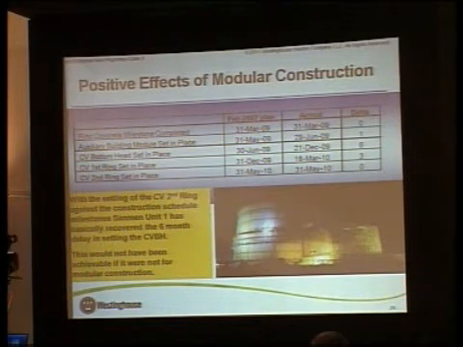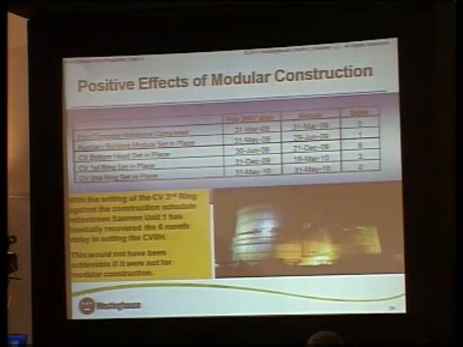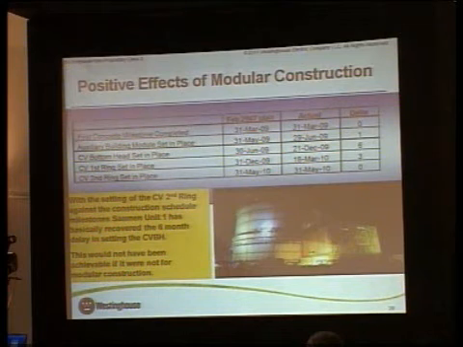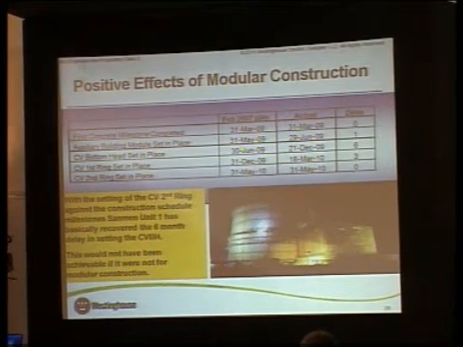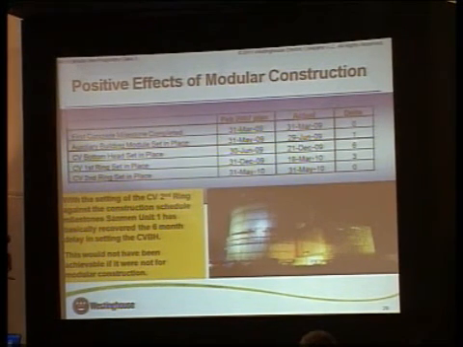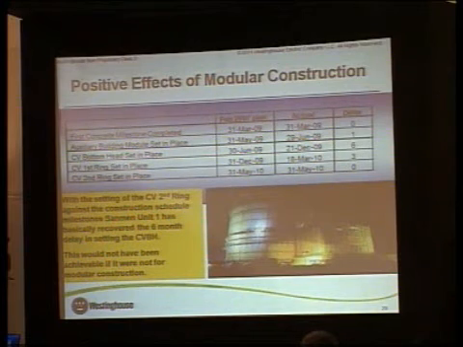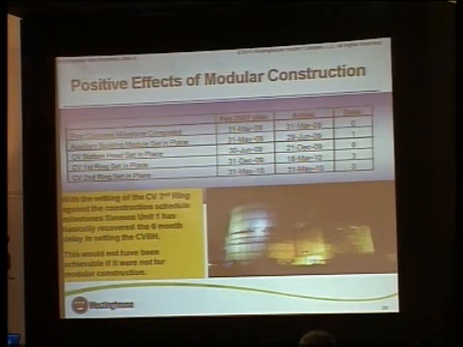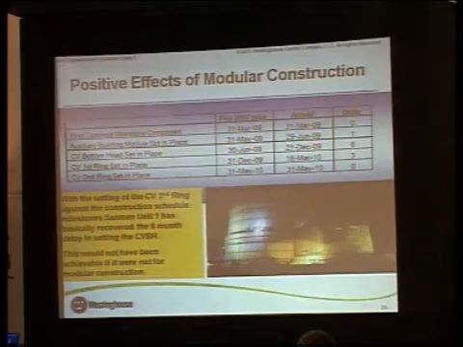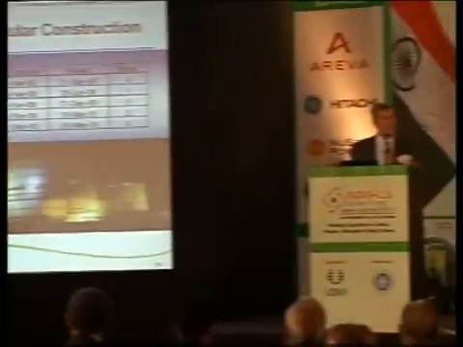This chart shows that when we first poured concrete in March of 2009, obviously we were on schedule. Within a few months, we were 6 months behind schedule. But by May of 2010, a little over a year later, we were able to completely catch up that schedule. And we attribute that primarily to the use of modular construction techniques.